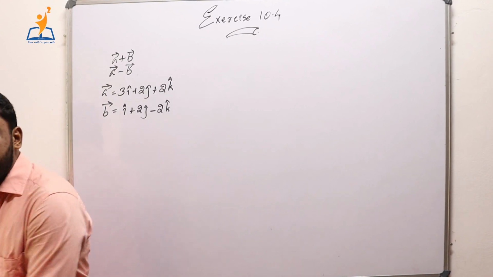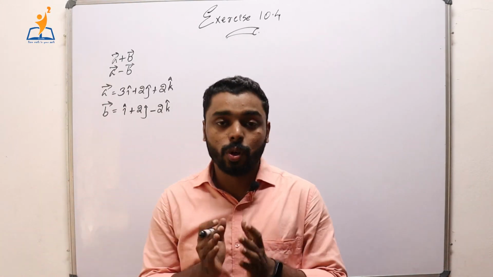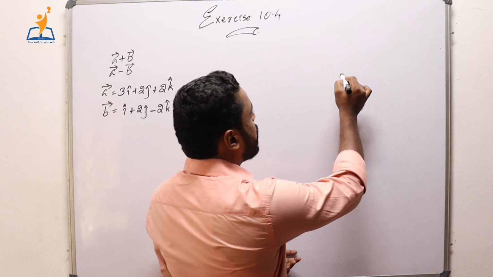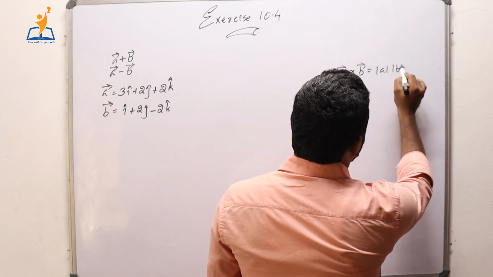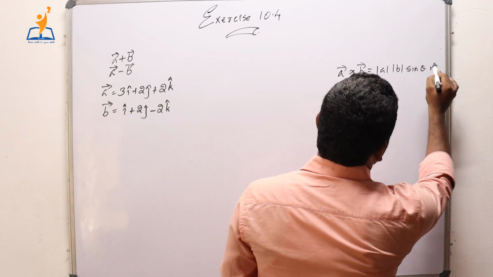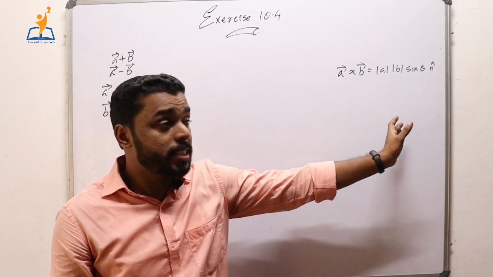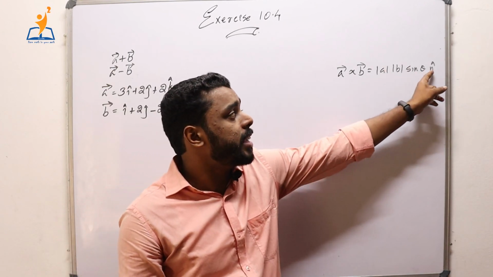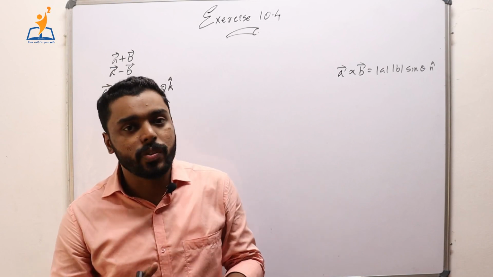Always remember that in order to find a unit vector perpendicular to two vectors, we know that the definition of cross product is A cross B is nothing but mod A mod B sin theta n cap. Whenever they are perpendicular, theta becomes 90 degrees and sin theta becomes 1, and n cap is nothing but the vector perpendicular to both these vectors, right?